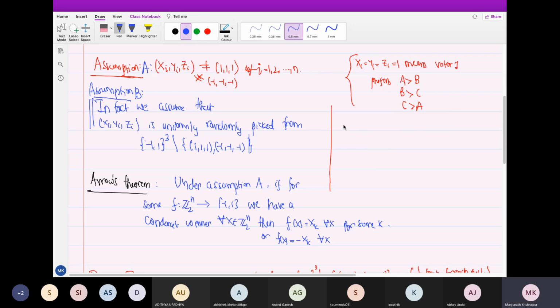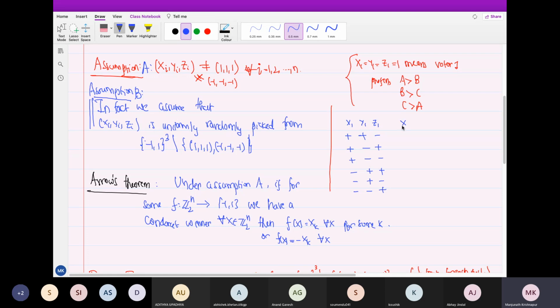So for x1, y1, z1, there are 6 possibilities. I'll write them as plus plus minus, plus minus plus, plus minus minus, and similarly minus plus plus, minus plus minus, minus minus plus. These are the 6 possibilities, right?